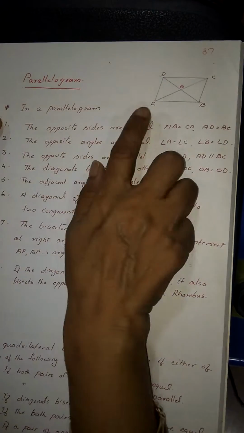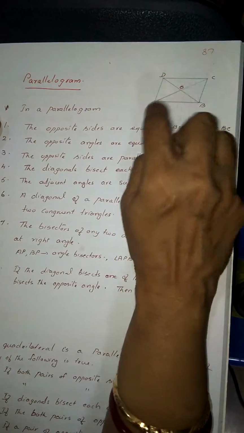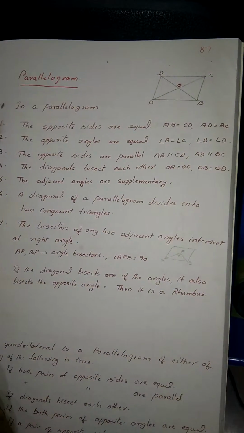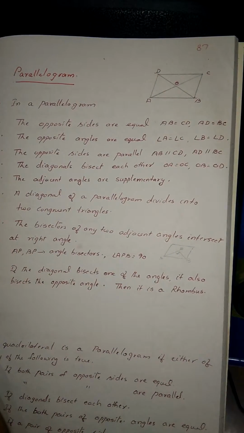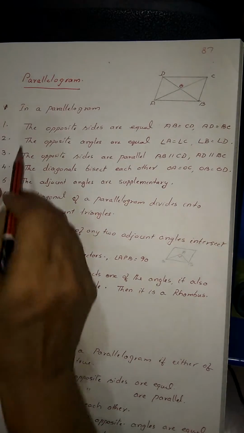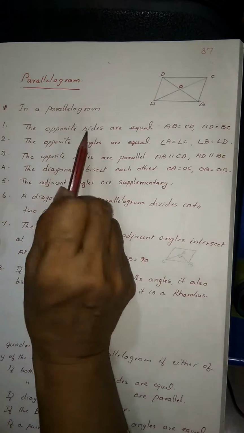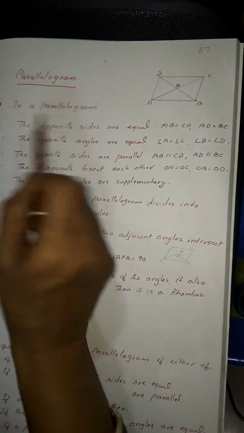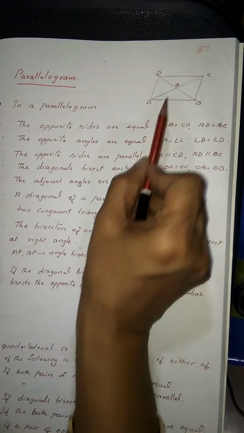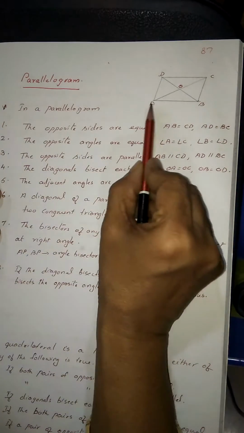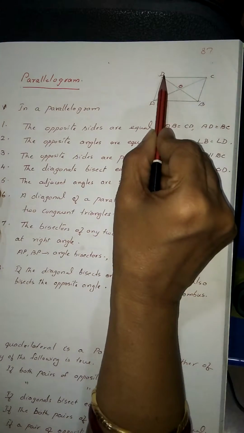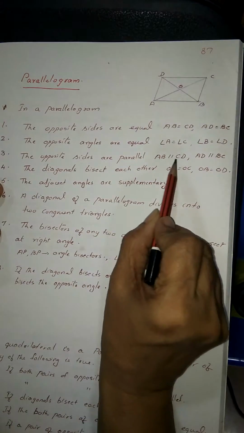So, this is a parallelogram ABCD. AC and BD are the diagonals. Here, the basic property of a parallelogram is that opposite sides are parallel. So, AB is parallel to CD and AD is parallel to BC.